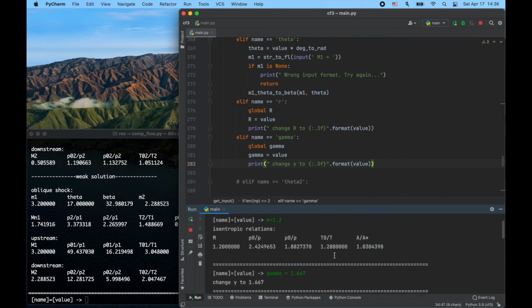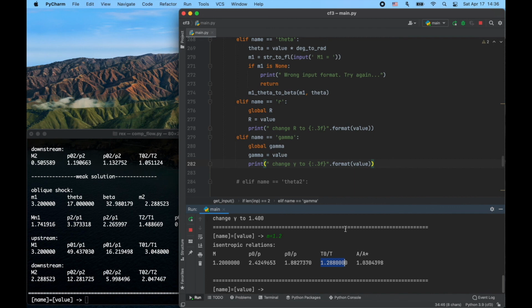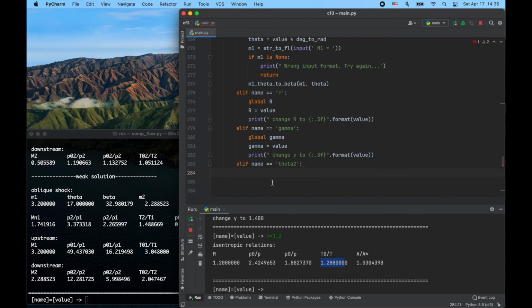All right, let's continue to our expansion case. If theta2 is given, we still need to find M2, right? So M1 is going to be a prompt number. Again, if M1 is none, we are going to print, okay, wrong input format, because we have to know M1.